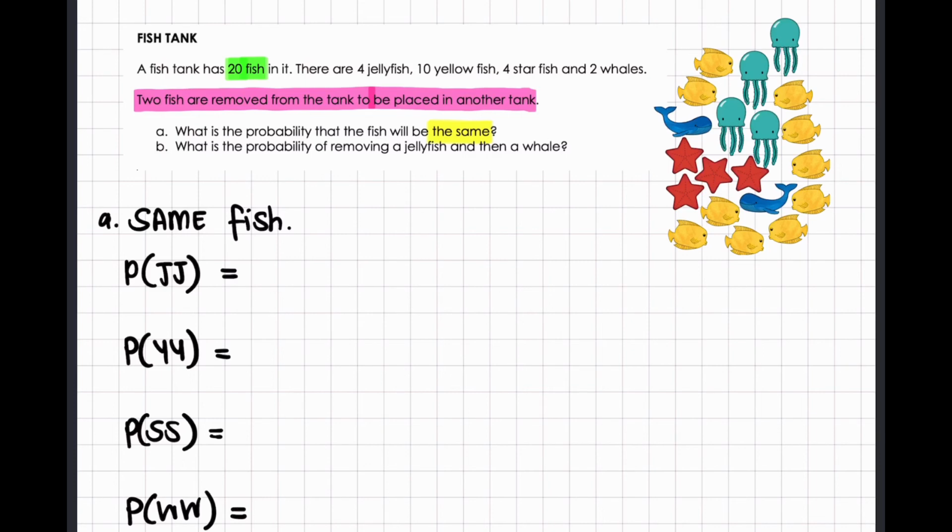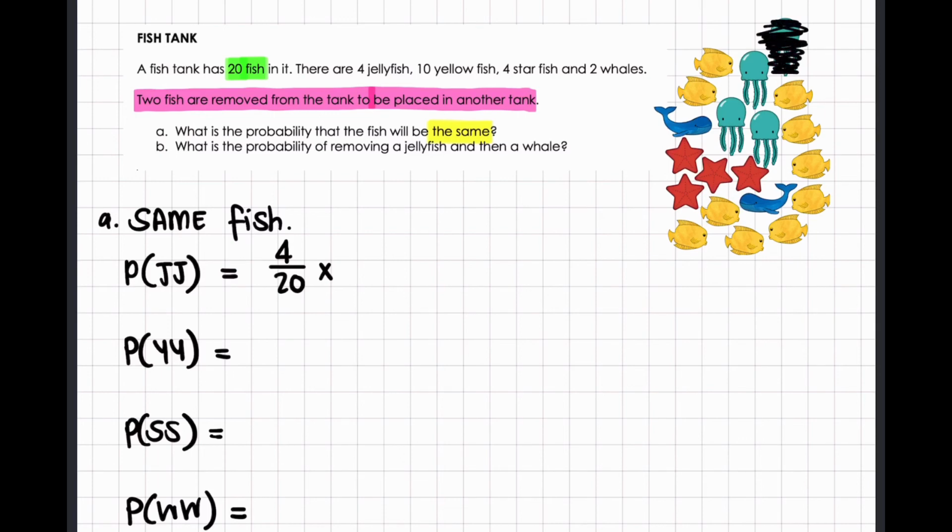same. All right, so if we're looking at the fish being jellyfish, if they both have to be jellyfish, how many jellyfish do I have in my first draw? I have 4 jellyfish out of 20 fish in total. I'm going to multiply that with the probability of the second fish being a jellyfish as well. So look here. I'm going to get rid of this jellyfish. So now the jellyfish was removed.